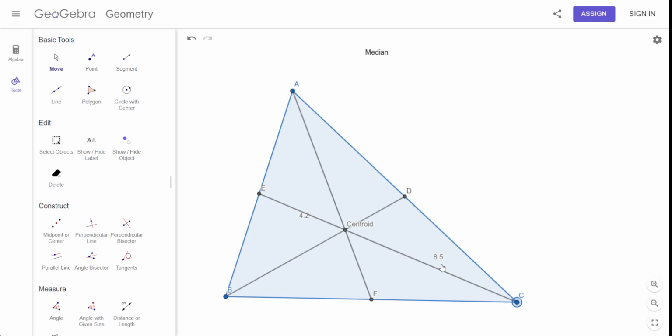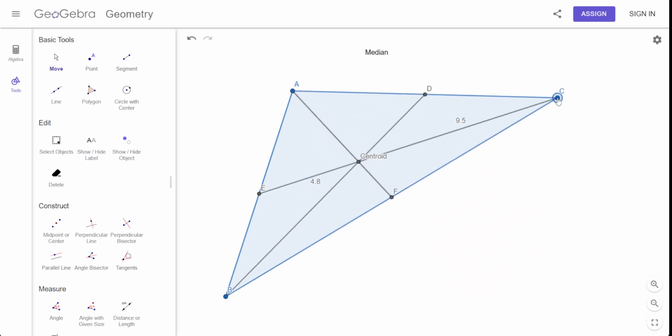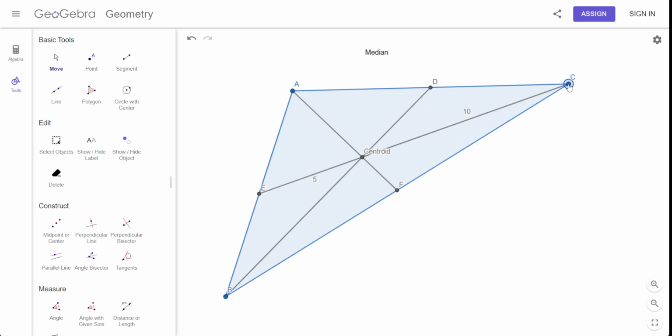This should be 8 point what? 4. Why do you think they put 0.5? Because of the rounding, right? But if I move it around just a little bit, there's the 8.4. So it's just because of the rounding up or down. You can see, move it all around. Look, there you go. That's 10. That's 5. What is EC?